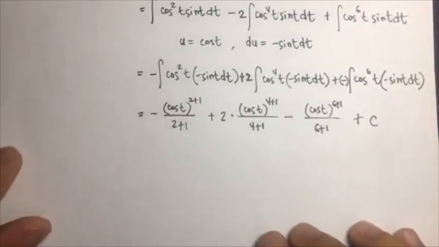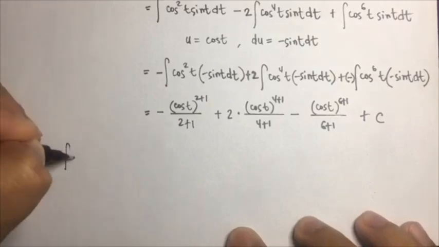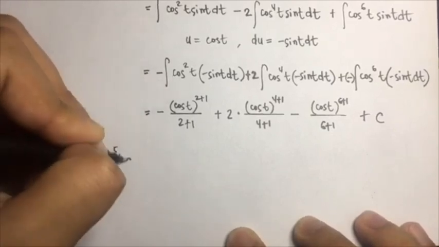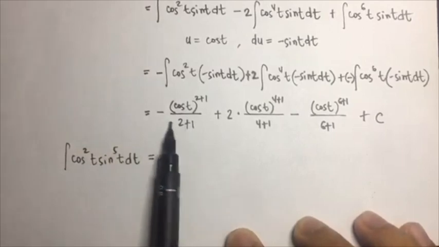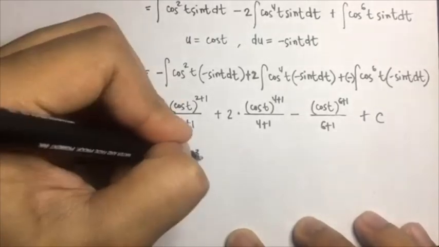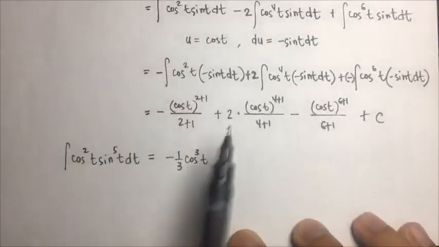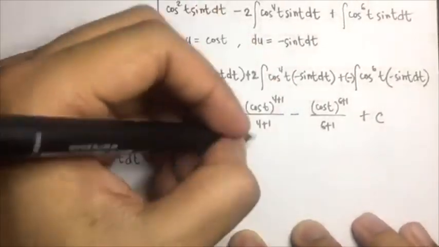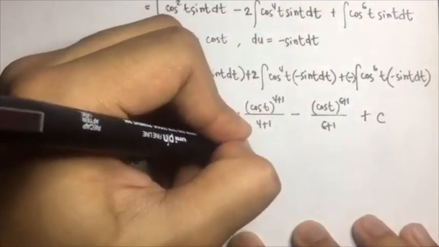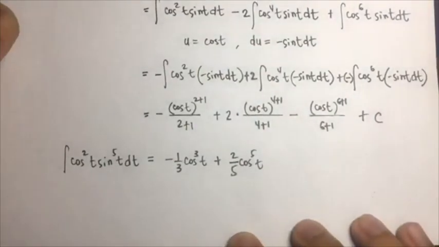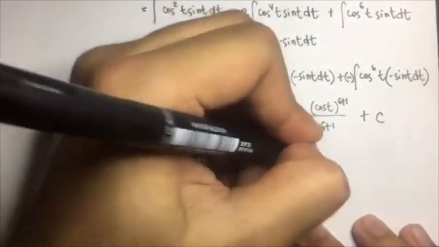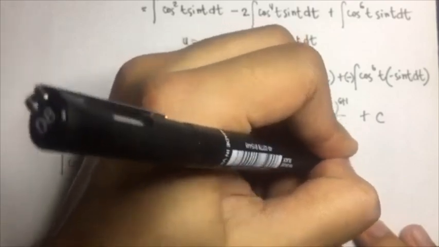Therefore the integral of cosine squared t sine to the 5th of t dt is equal to negative 1/3 cosine cube of t plus 2/5 cosine to the 5th of t minus 1/7 cosine raised to 7 of t plus c.